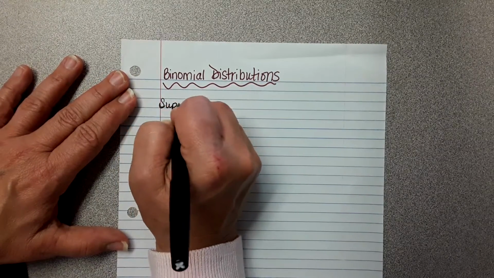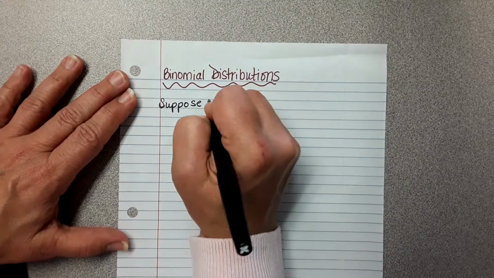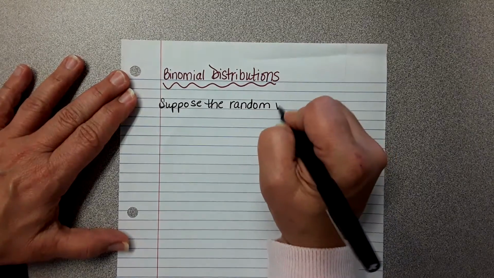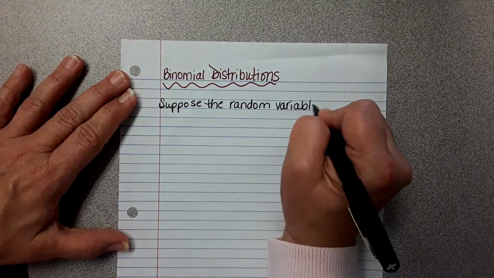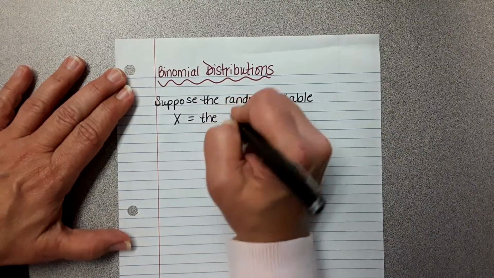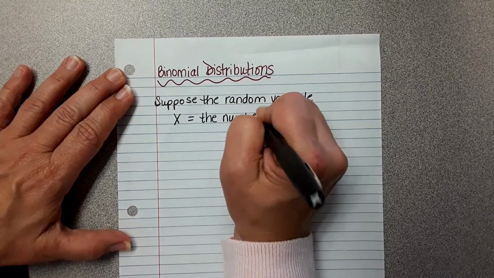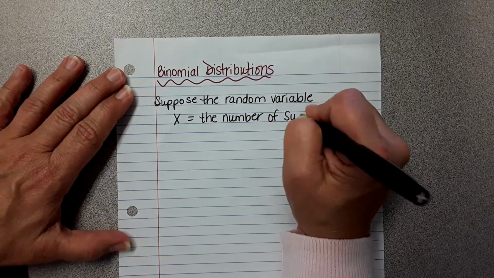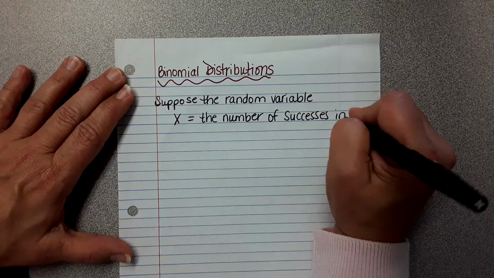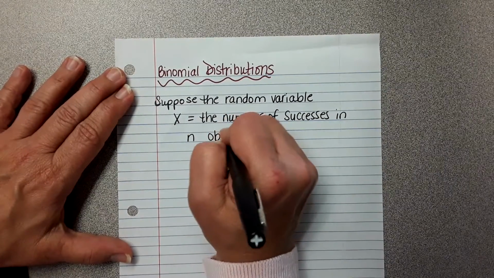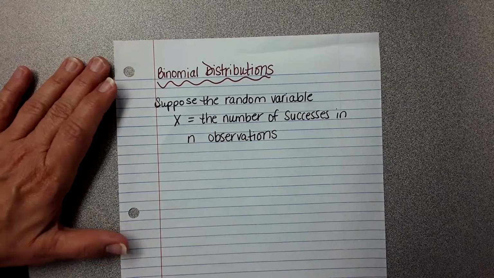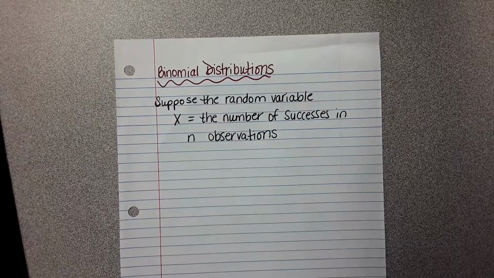Suppose the random variable x equals the number of successes in n observations.